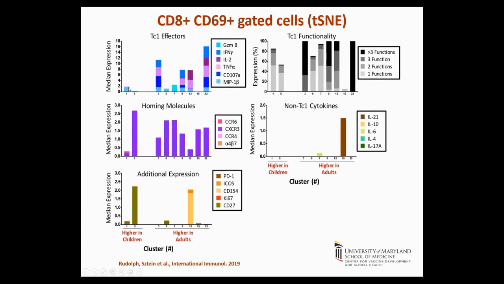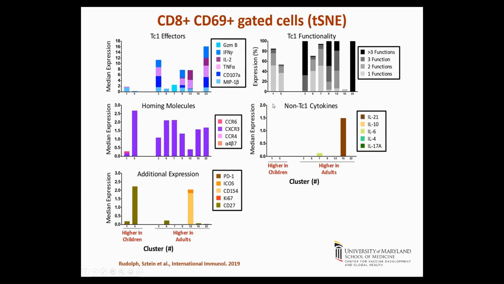And here we have clusters 1 and 5, which are overrepresented in children, and the rest of the clusters, which are overrepresented in adults. And as you can see, just by looking at the proportions of cells that produce TNF, interferon gamma, or IL-2, in adults the response is more multifunctional than that observed in children.